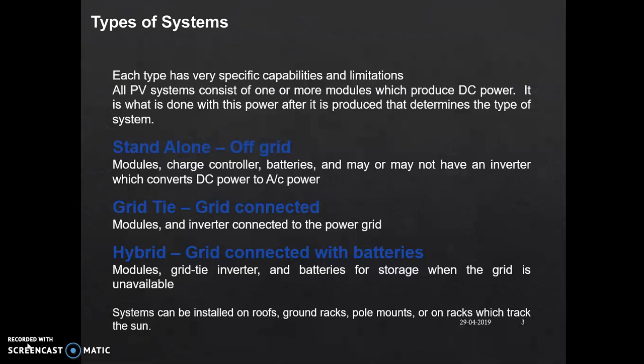Then we have the grid-tie, grid connected system, in which we have a module and an inverter connected to the power grid. The third type is a hybrid grid connected system with batteries. It consists of a module, a grid-tie inverter, and a battery for storage when the grid is unavailable. All the systems can be installed on roofs, ground racks, pole mounts, or on racks which track the sun.